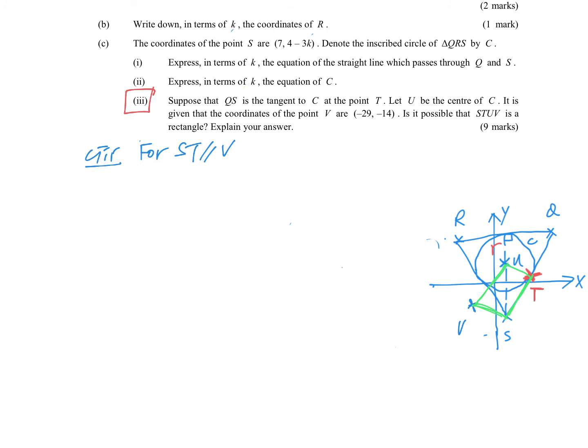In that case, the slope of VU will equal the slope of ST. We have the coordinates of V, and we have the coordinates of U in terms of k, so we try to set up an equation in terms of k.